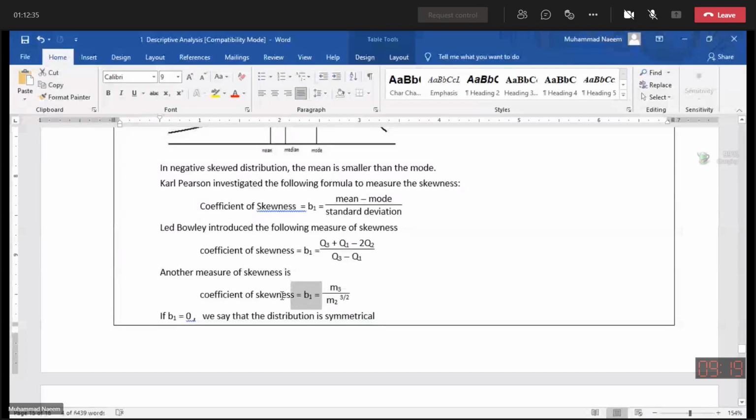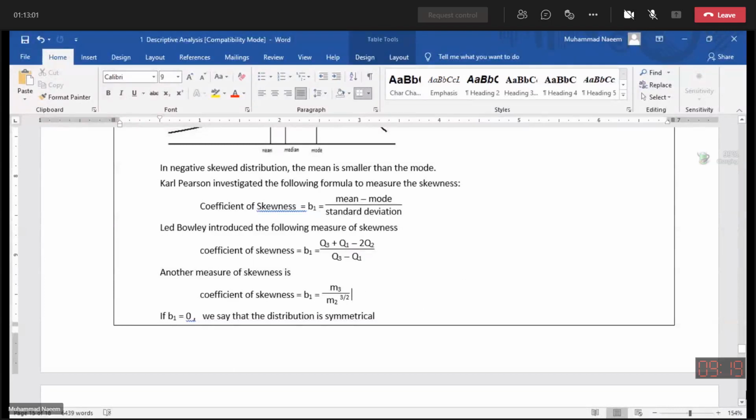If M3 is 0, this distribution is symmetrical. If M3 is negative, the distribution is negatively skewed. If M3 is positive, this distribution will be positively skewed. So just on the basis of M3, we will decide about the coefficient of skewness.